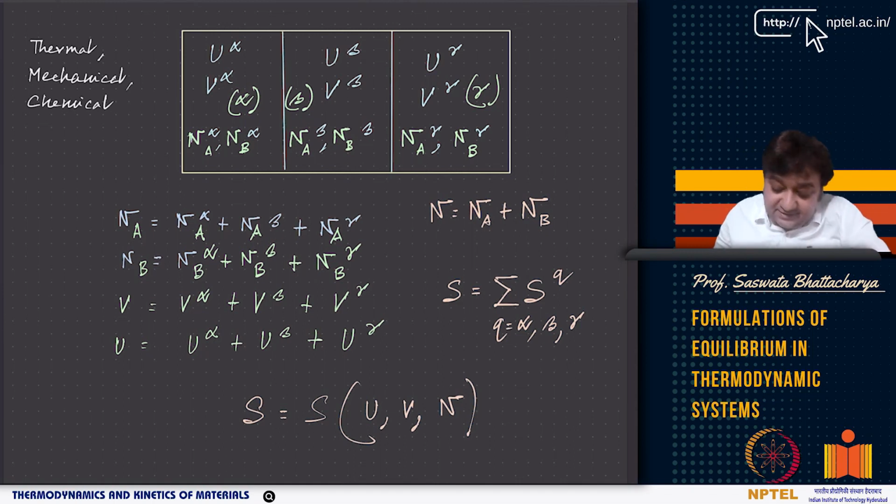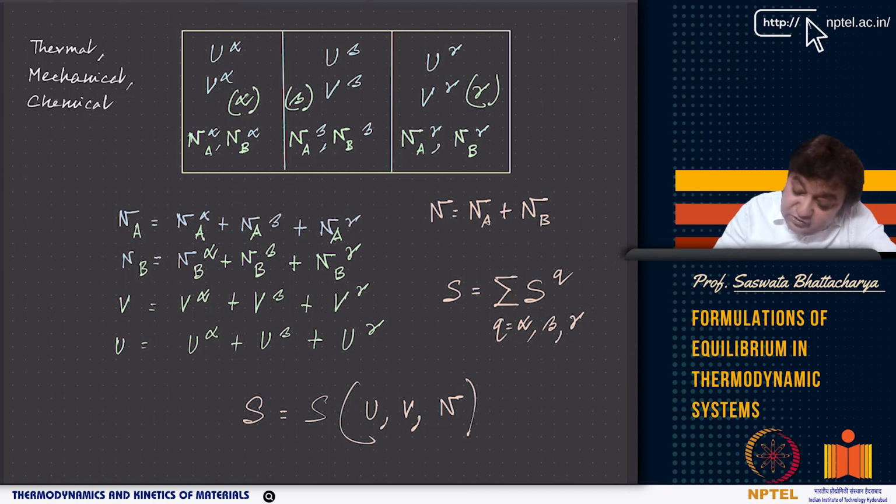Now as you can see here, you can extend it. For example, we talked about two subsystems and the boundary, this is the wall. Here this is one wall and this is another wall. Now you have three subsystems, and for example you have two components.